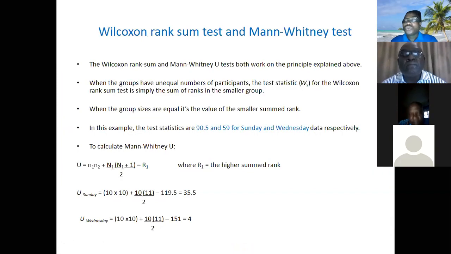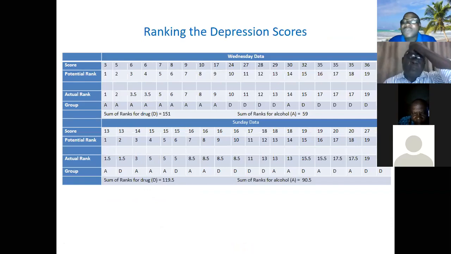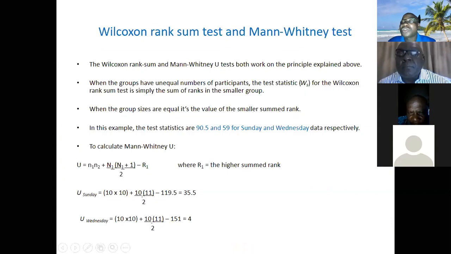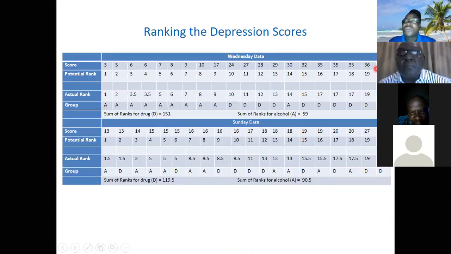Now, if you look at it, the Wilcoxon statistic for Wednesday is 59, because you see the smaller one is the statistic. For Sunday, the statistic is 90.5.